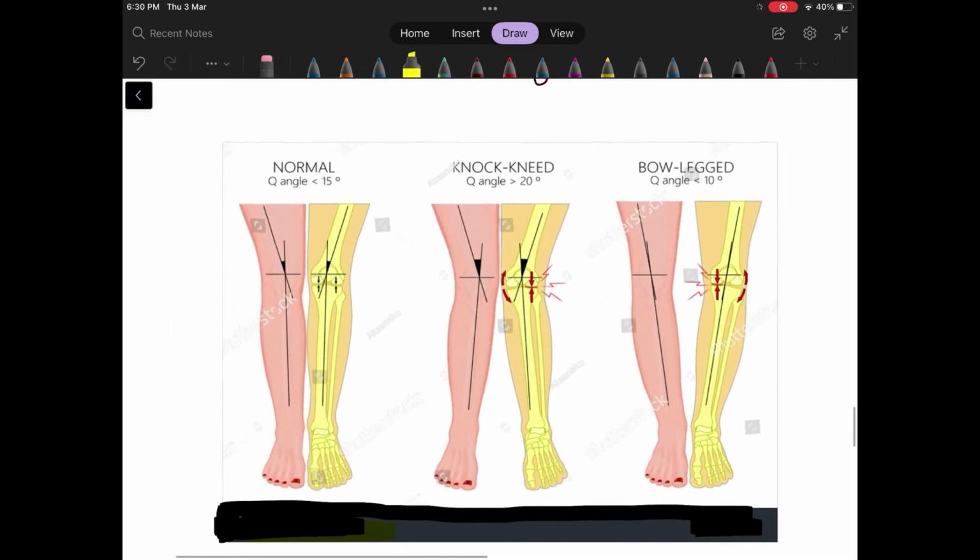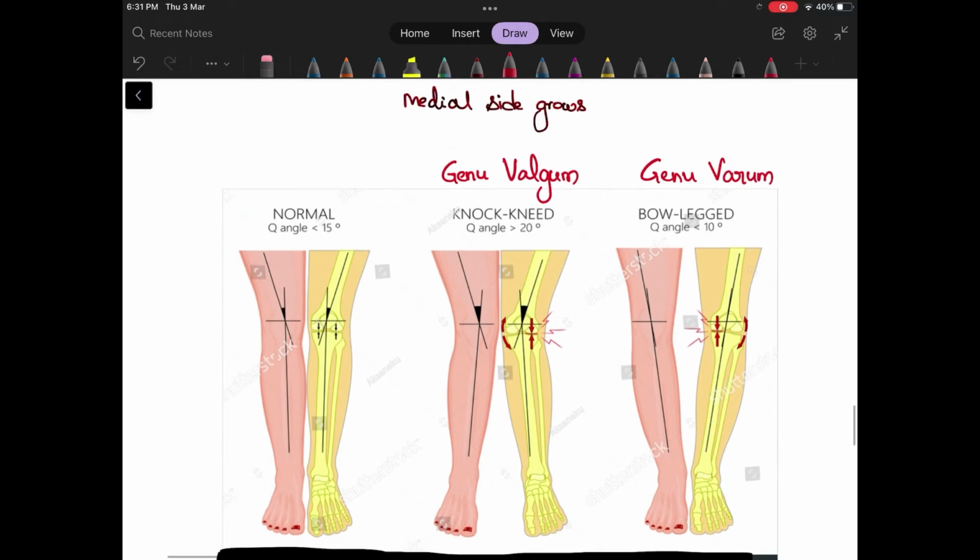See, for example, this is the image that we are going to use for our understanding purpose. Okay, for example, here I will mention first what is this. This is Genu valgum. This is Genu varus. Why this? I will explain it. See, first what we have said, valgum.